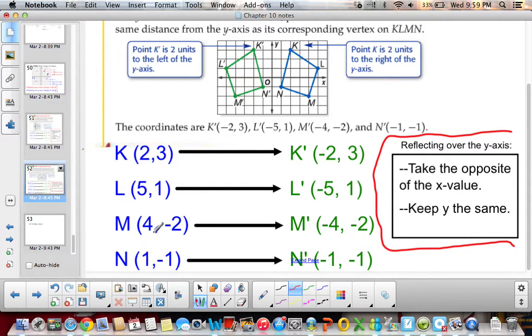So M, 4, -2, we would change 4 to -4 and keep y at -2. N, our first point in our figure is 1, -1, which is right here. Take the opposite of our x value, which is -1, keep y the same, which is -1, and then once you have all of your points for your image, then you graph that.